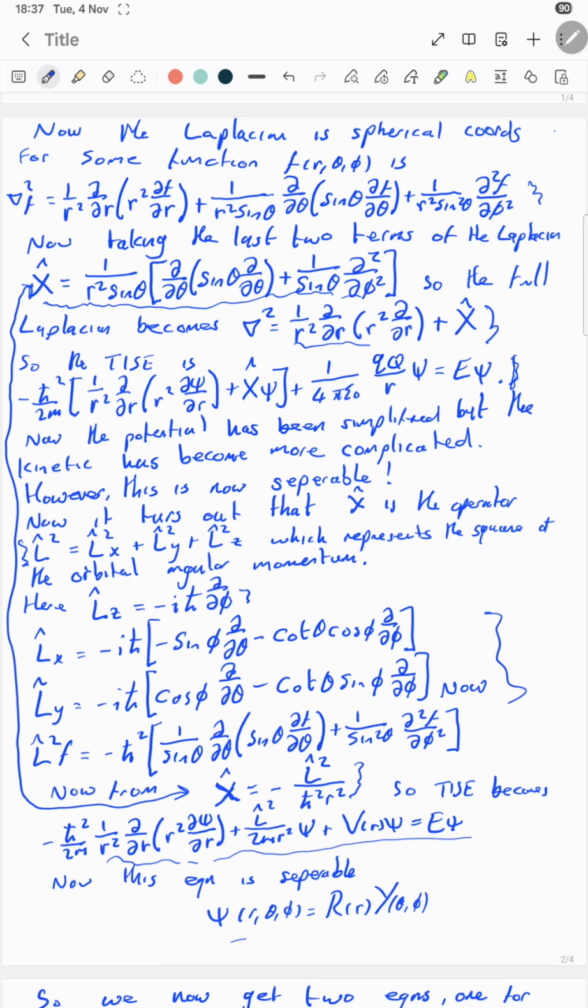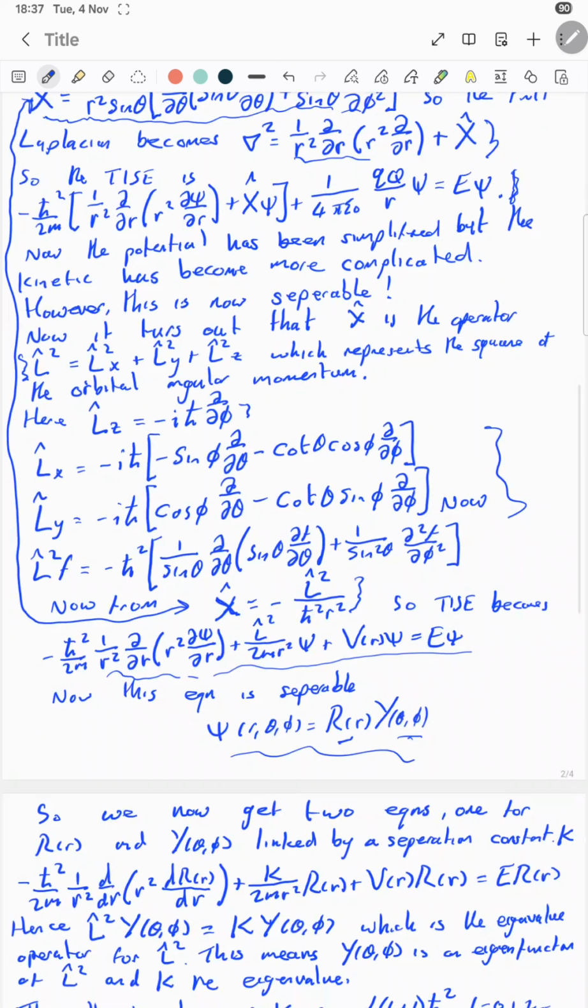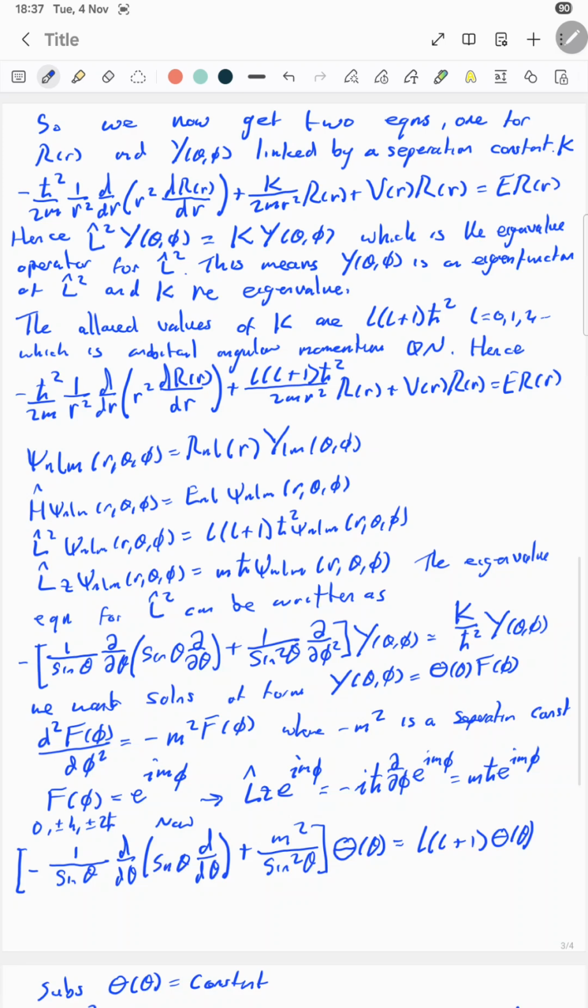Now this equation is separable and is in the form of this, where this is the radial component and this is the spherical harmonics. So we now get two equations, R of r, and Y of theta and phi, and we can label them by the separation constant k. So we will get the equation in this form.